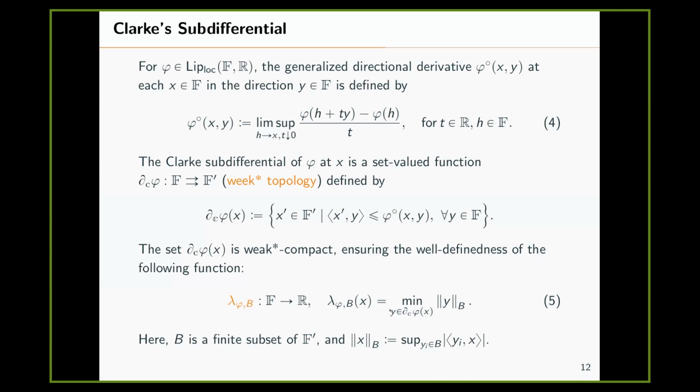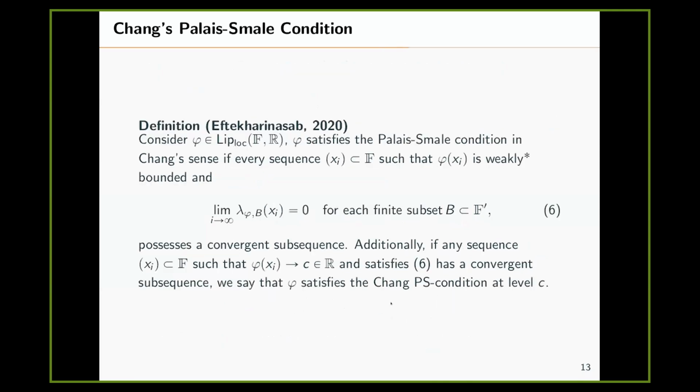So here it will help us to define the compactness condition of Palais-Smale. It is known as the Chang Palais-Smale condition, because Chang was the first who considered, in the Banach case, a non-smooth critical points version of the compactness condition.